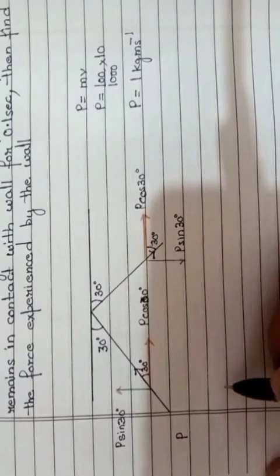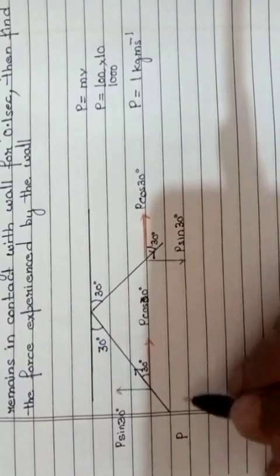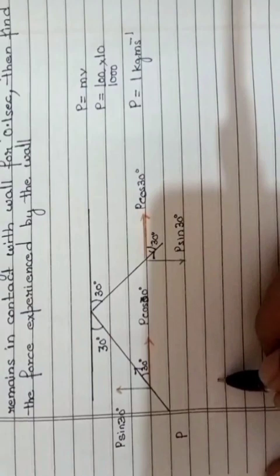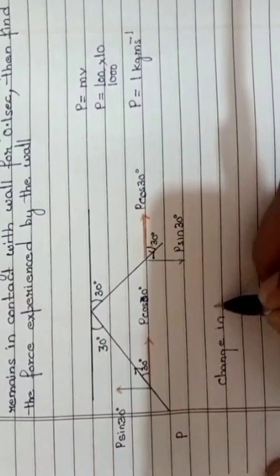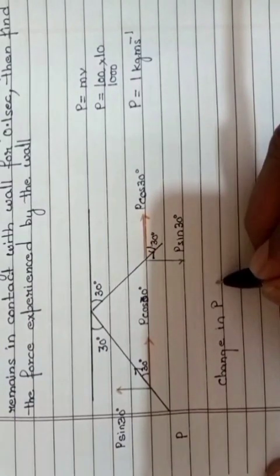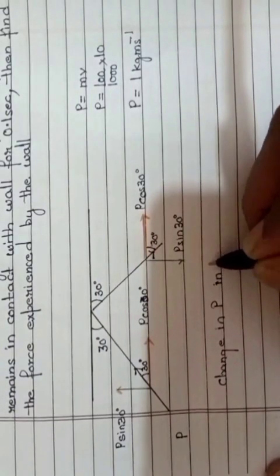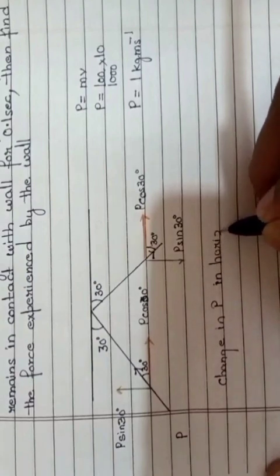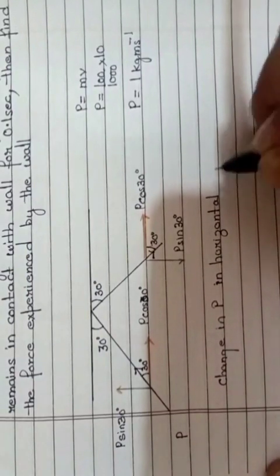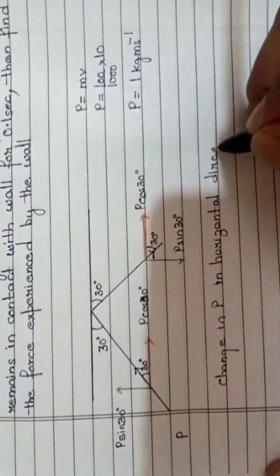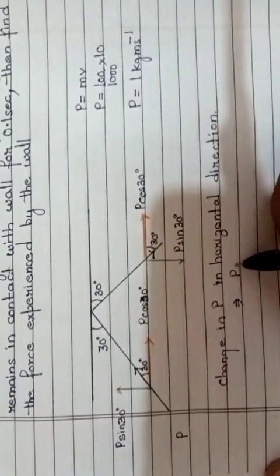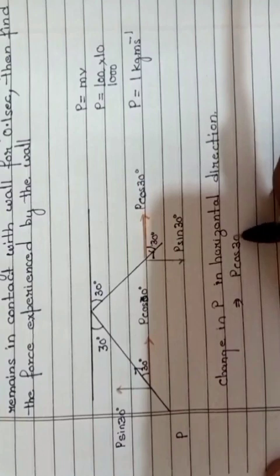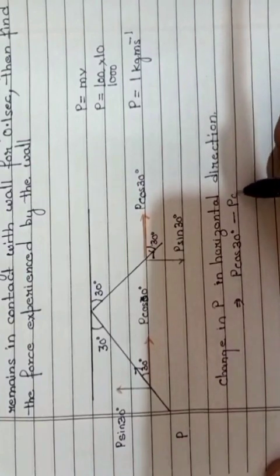So if I ask you to find the change in momentum in the horizontal direction, that will be P cos 30 degree minus P cos 30 degree.